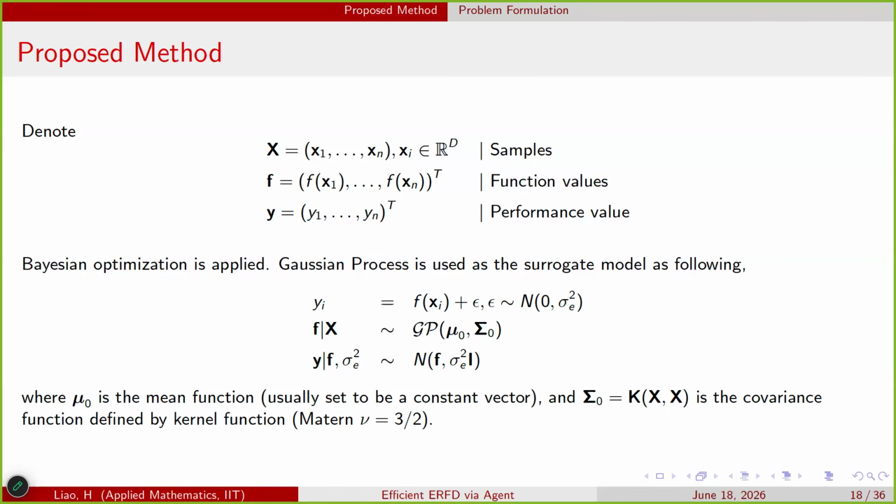Okay, so the black box function, we don't operate on it directly. In this case, we assume it's a continuous function. That's why we assume it's a Gaussian process regression.